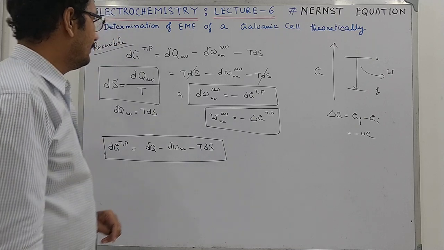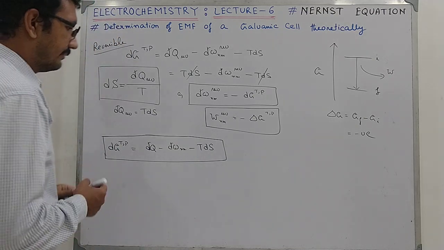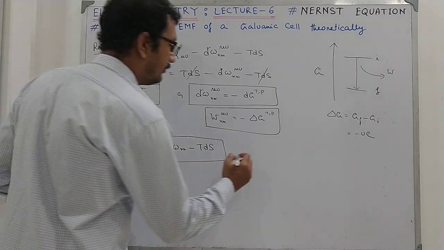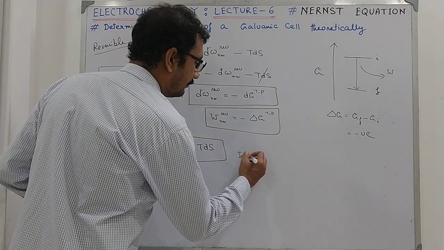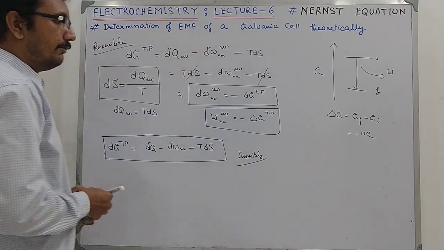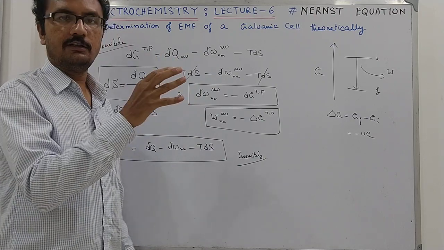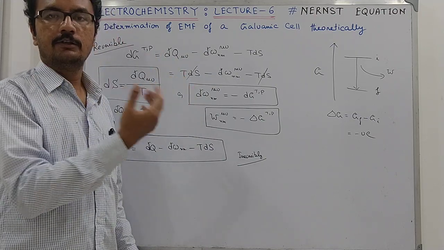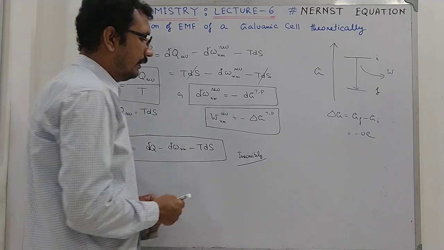Now what about if the current is drawn irreversibly? So you have closed the circuit, the system is switched on, and you are drawing the current rapidly. What will happen then?